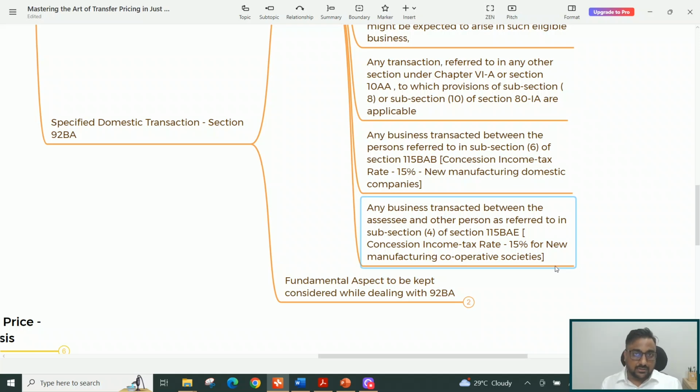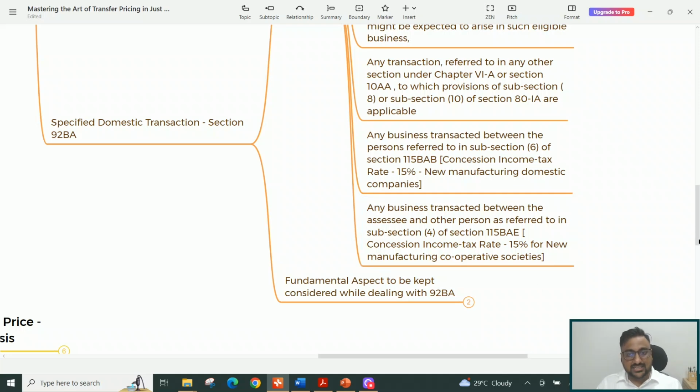So if the enterprise is doing a transaction with an enterprise which is availing 115BAB, then the transfer pricing provisions will also be applicable on such transactions.